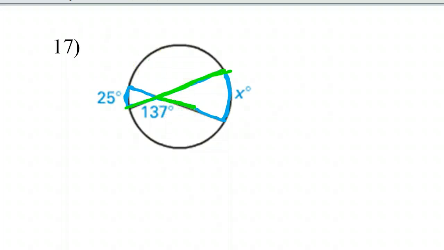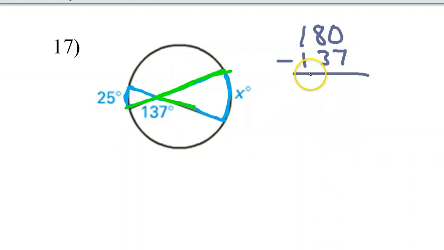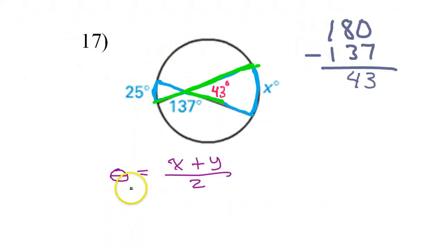So all I really need to do is subtract from 180. So 180 degrees minus 137 degrees is going to be 43 degrees.